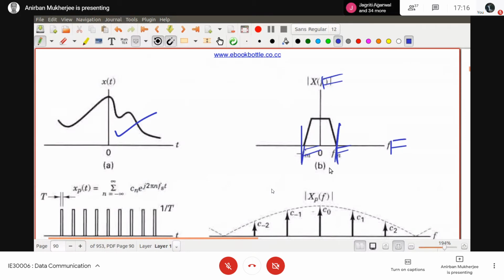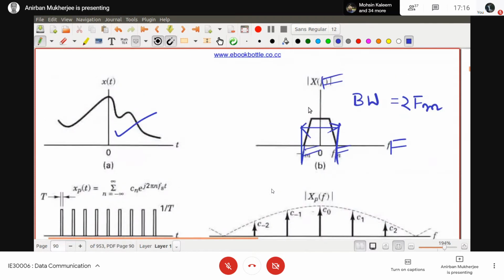This is my band-limited signal. Bandwidth is minus f_m to plus f_m. That means 2 f_m is my bandwidth, which is finite.